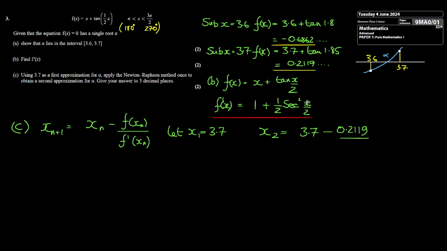And again, using a calculator, if I put 3.7 as the value of x into here, I'll get an answer of 7.5832. And this will generate a new value of x, our root alpha, and it's come up with 3.6720. So x2 to 3 decimal places is 3.672, and that will be the answer to part C of question 3.